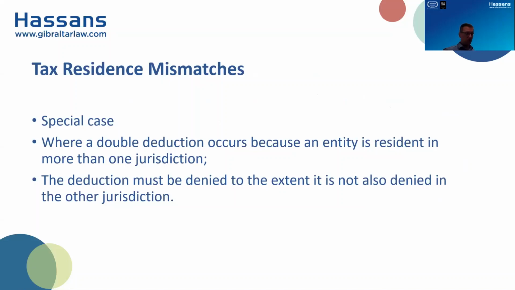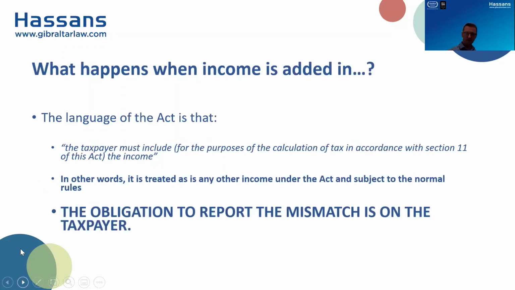So if Gibraltar and say the UK have dual residence and the UK allows a deduction and Gibraltar allows a deduction and the company has two separate tax bills, then either Gibraltar or the UK must deny the deduction to the company in their home jurisdiction, but only to the extent that the other one hasn't already done it. So you only lose the deduction once. You get one deduction. You can't have two deductions. That's the point.